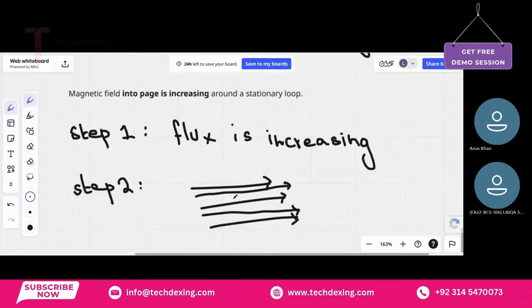Yes, if I create an induced magnetic field which is also pointed into the page, the flux will increase more.